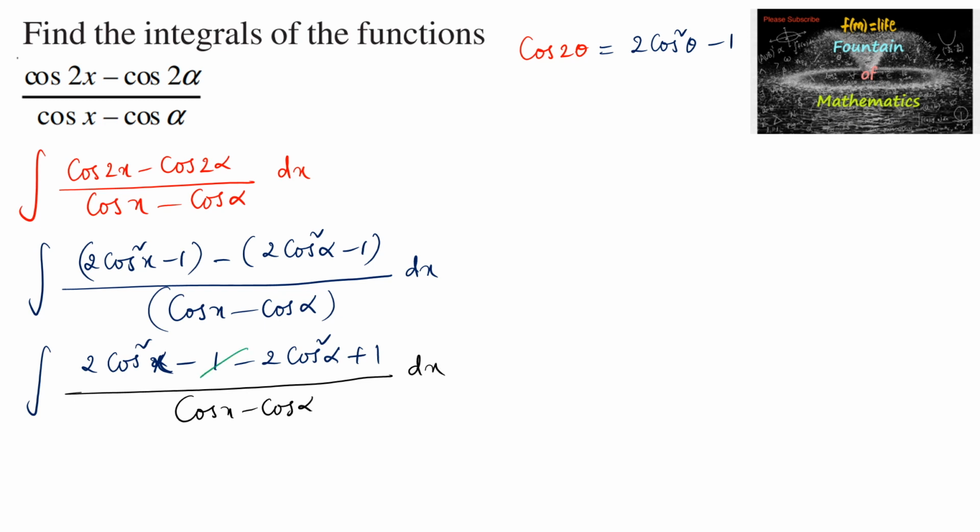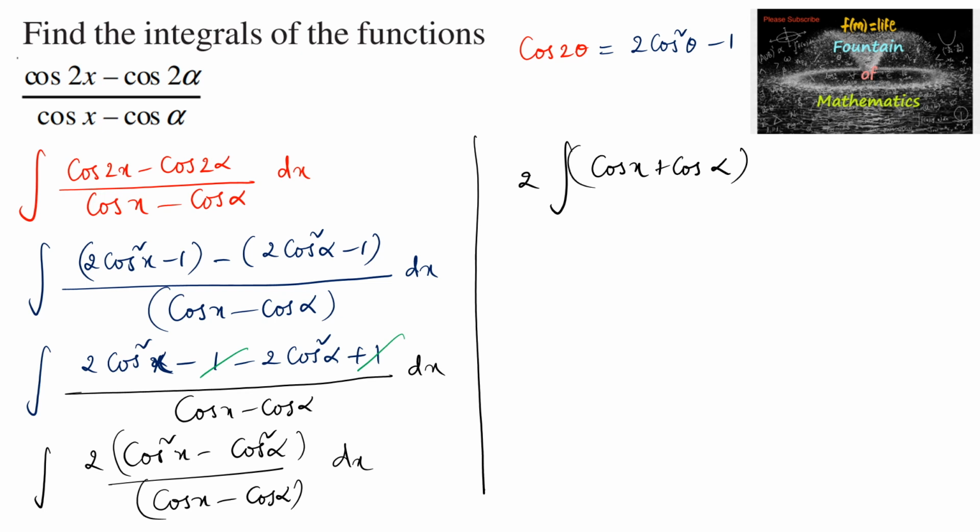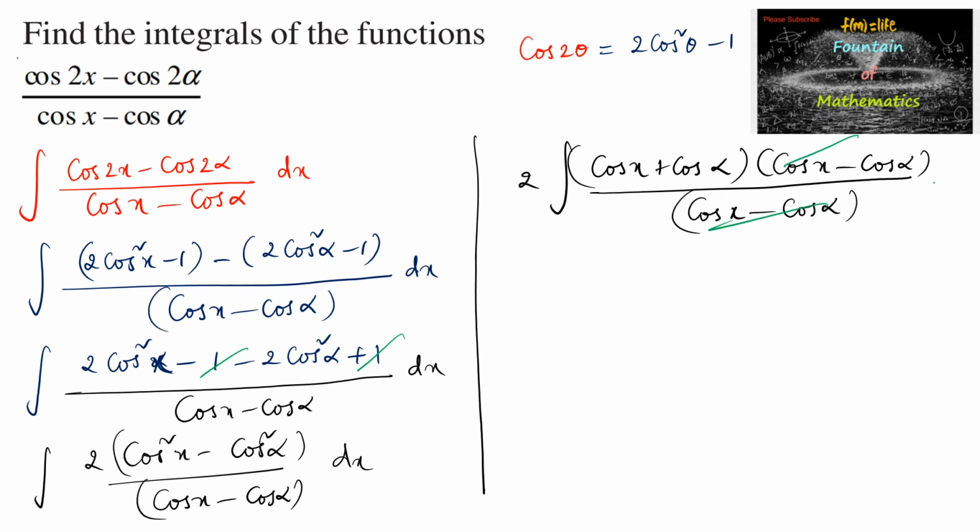So here minus 1 and plus 1 get cancelled, and simplifying, with 2 taken common, (cos square x minus cos square alpha) divided by (cos x minus cos alpha) dx. So 2 times the integral, we can write the numerator as (cos x plus cos alpha) into (cos x minus cos alpha), divided by (cos x minus cos alpha), so that we can cancel the numerator and denominator, into dx.